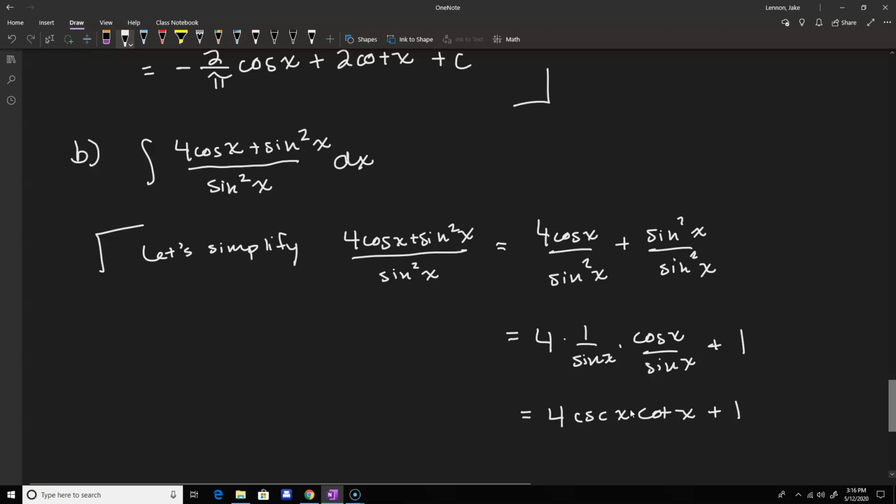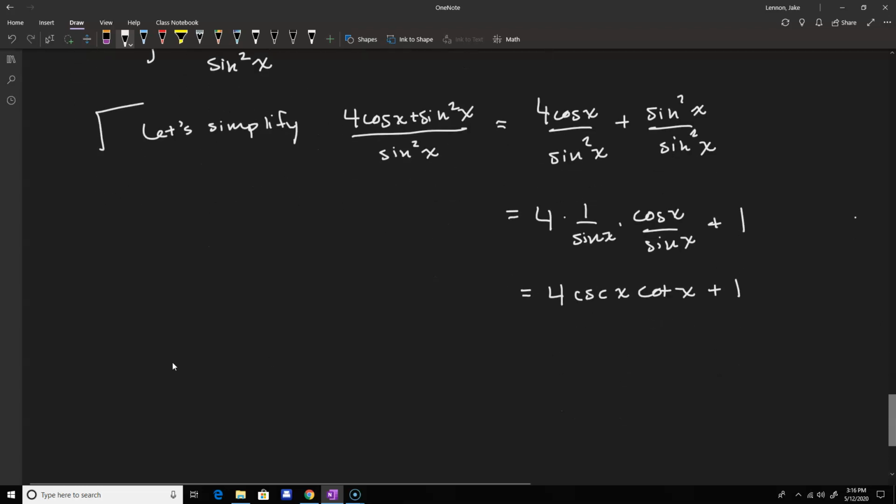So really this is what we want to focus on integrating, and that's going to be much easier because we have a formula for the antiderivative of cosecant of x cotangent of x. So let's go ahead and write that integral. What were we initially trying to integrate?